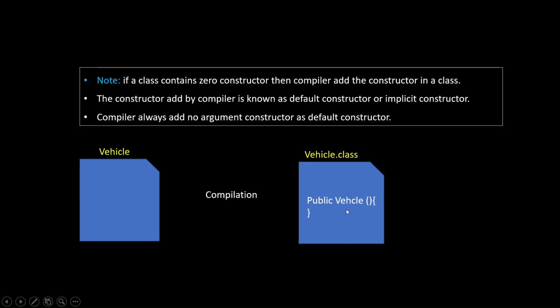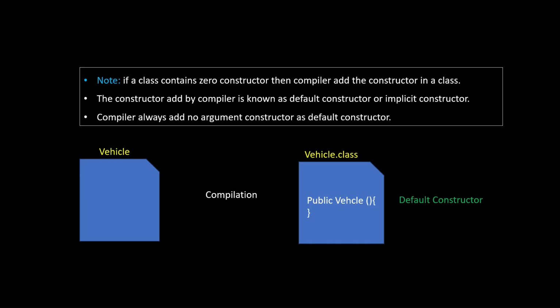This is the default constructor which is added by the compiler at compilation time. Did you understand? You have to understand this. If you are confused about this, don't worry, I will explain in Eclipse with some programs as well.